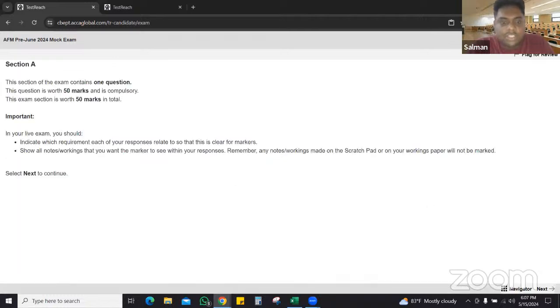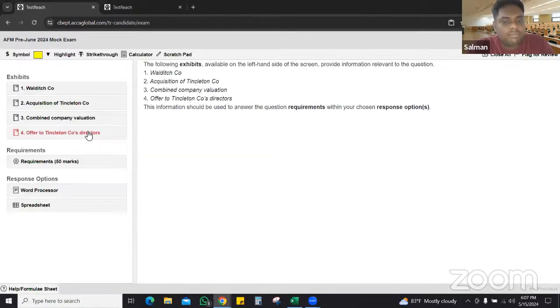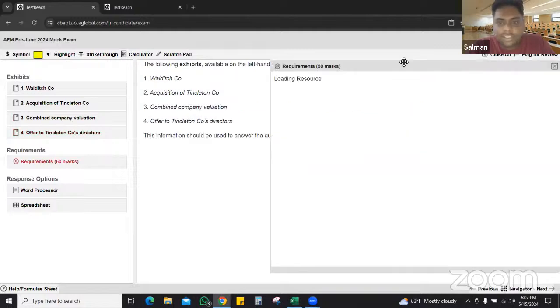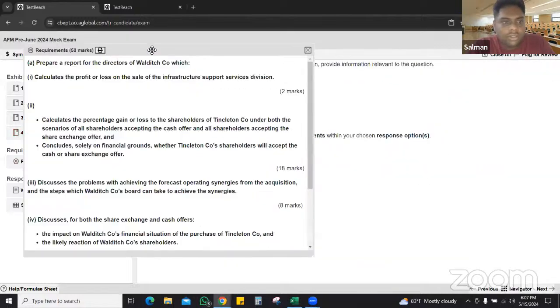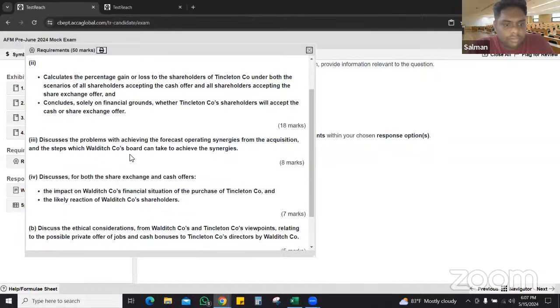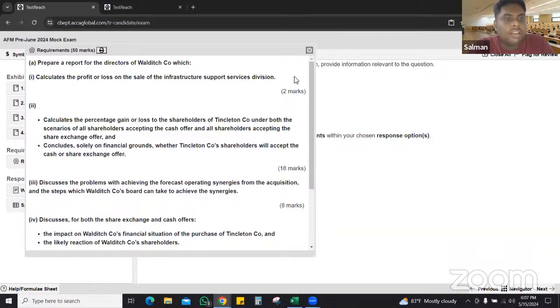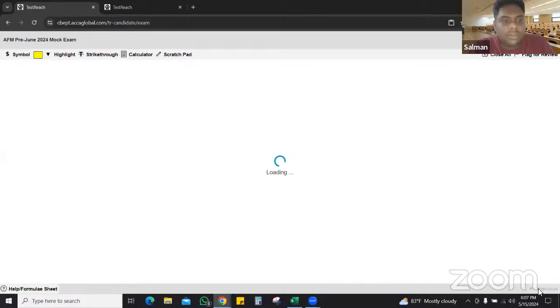So as you can see in the first question, that is section A, for 50 marks, they have targeted areas on business valuation and acquisition. It's basically project appraisal.